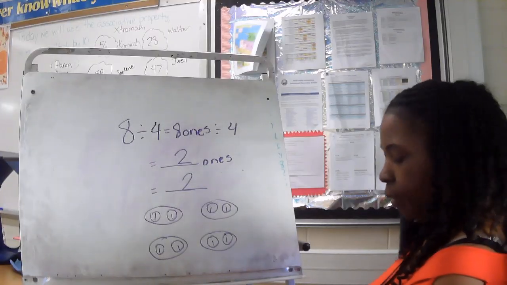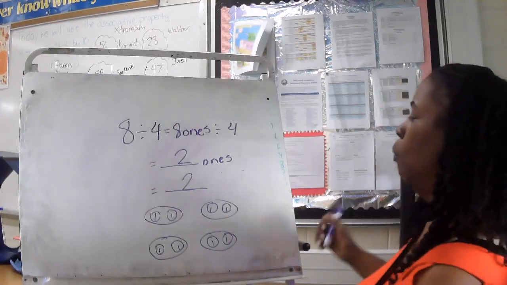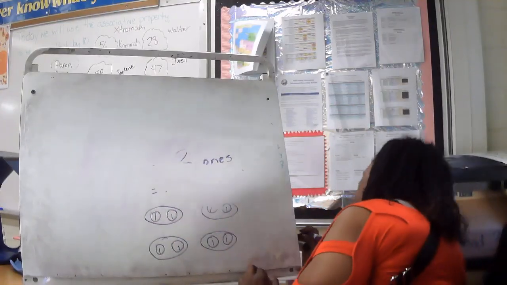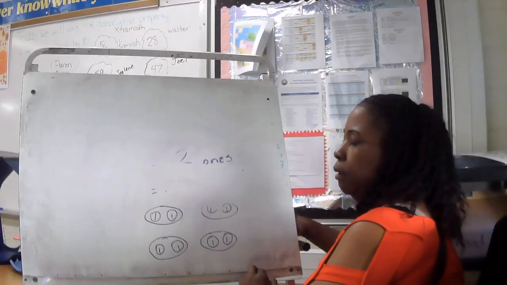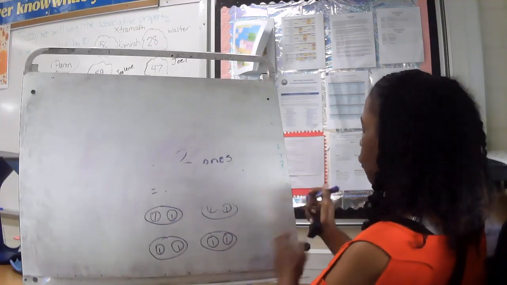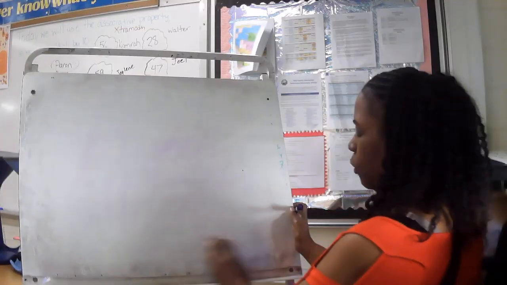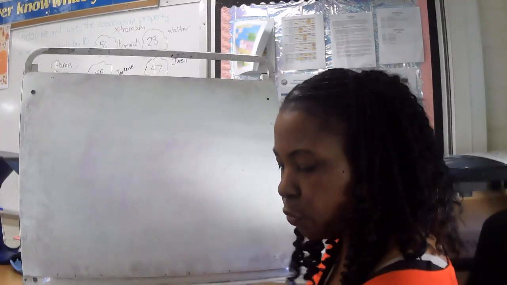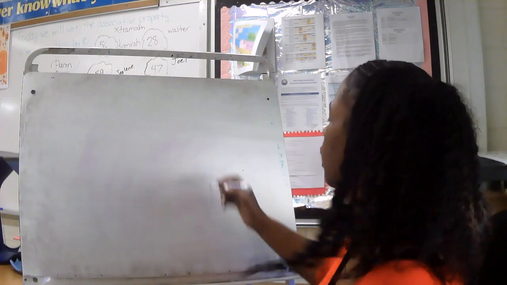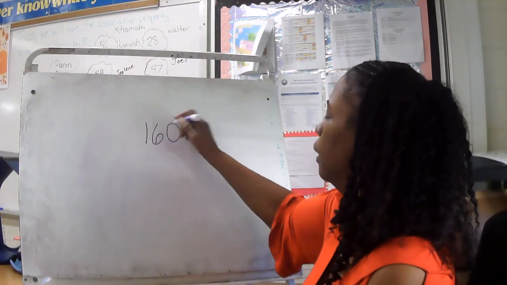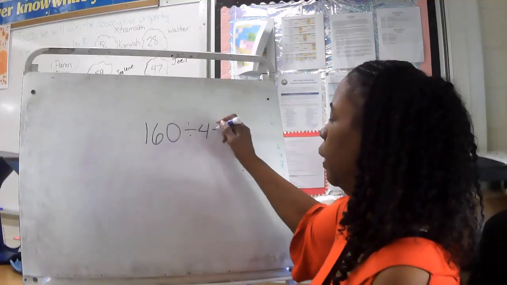Okay? So that's one part of the homework that the scholars were responsible for. Now we're going to go to more of the computation. And so let's do 160 divided by 4 equals.